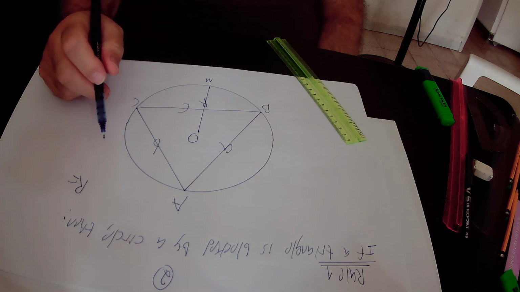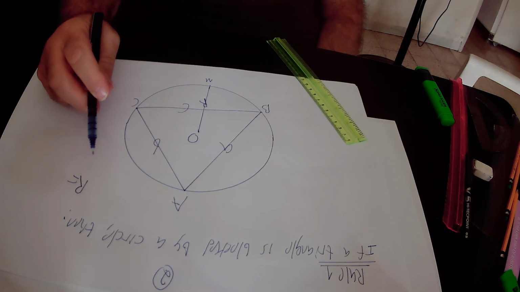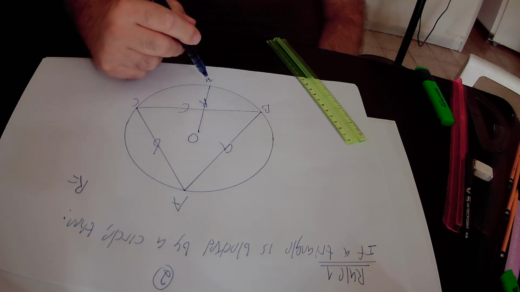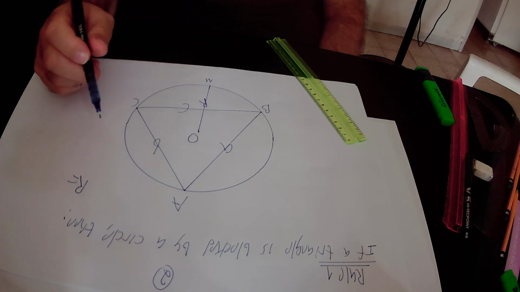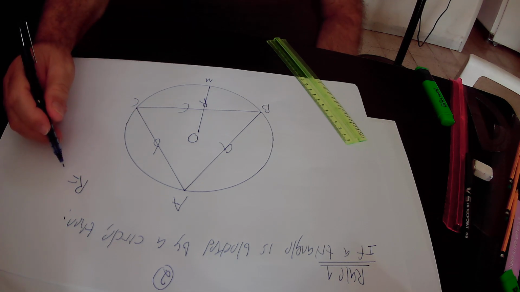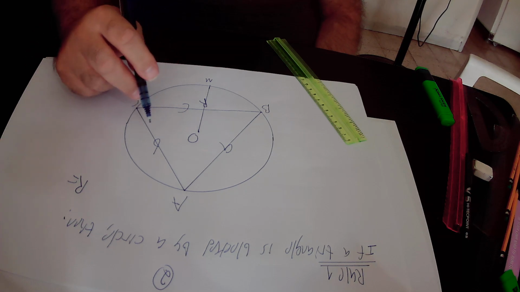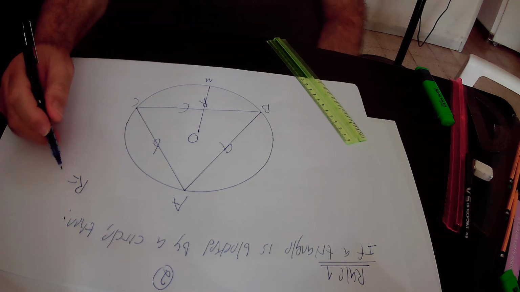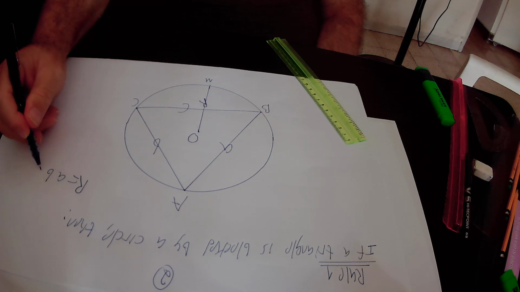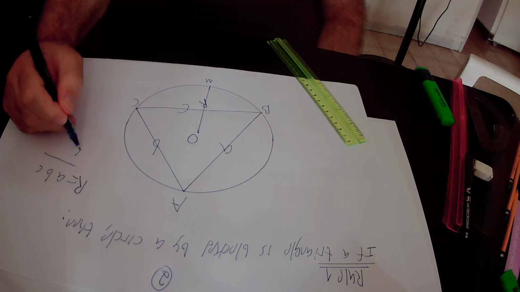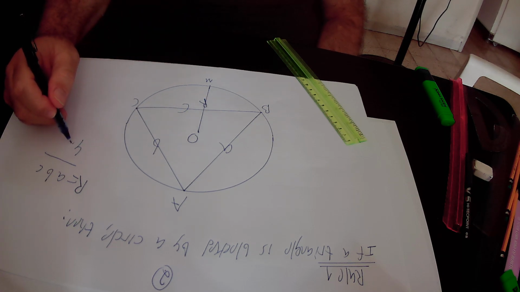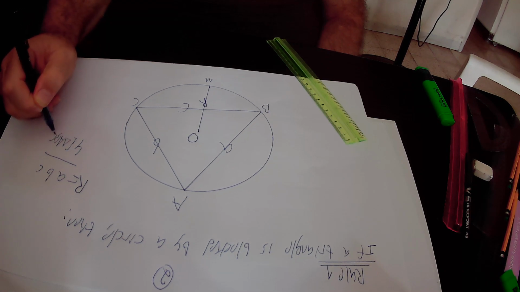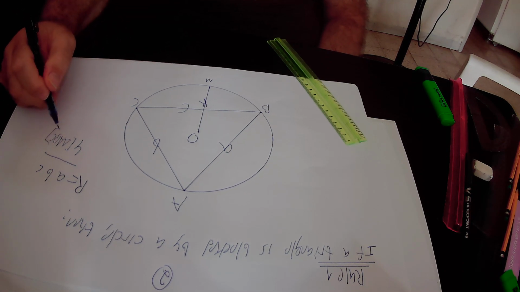So the length of the radius of this circle, OM, that blocks this triangle ABC, will be equal to the multiplication of the side lengths of the triangle by each other, that is to say A times B times C over 4 times the area of triangle ABC that is blocked by the circle. This is the sum for the area.